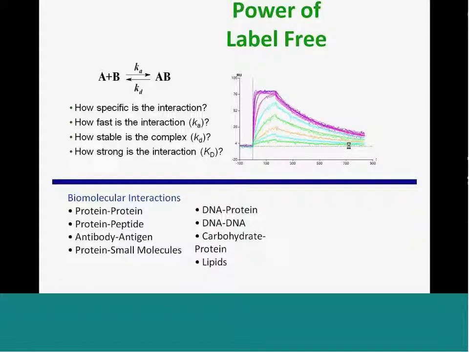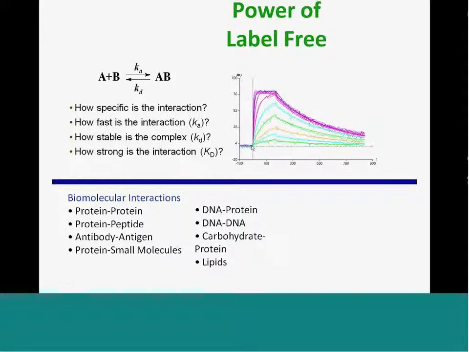And of course, as I said earlier, it's very useful for determining basic kinetic principles of the interaction. One can obtain the association constant and dissociation constant, and use this information to calculate the KD, or the affinity, of the interaction.